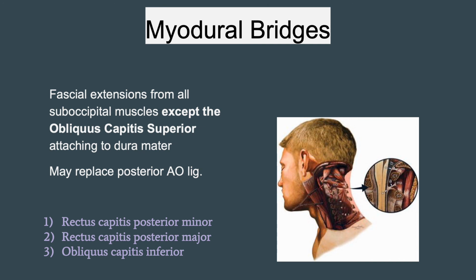And then remember the obliquus capitis inferior, I guess you wouldn't have gotten here in lab, but the inferior does not form part of that attachment to the skull. But we'll get there. At this point, just know which 3 make up those myodural bridges.